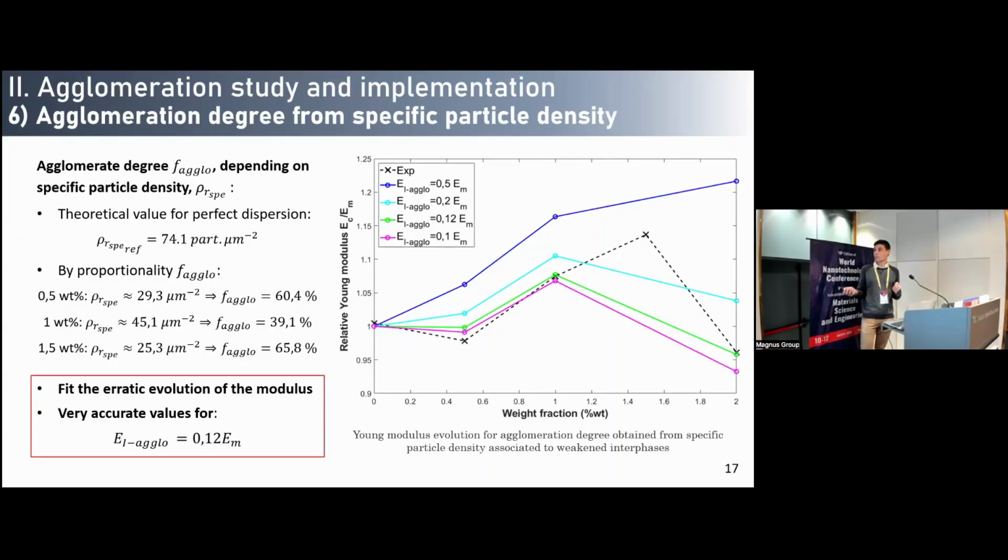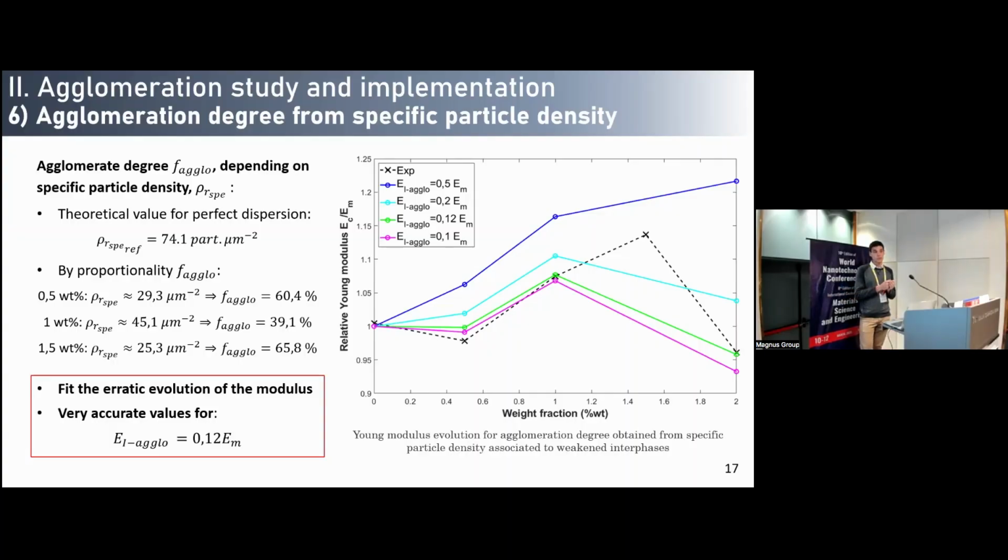With this percentage, we once again assume that all these particles were in agglomerates, and we link them to a softer interface. Doing that, we are able to fit the erratic evolution of the modulus with very accurate values when we take 0.12 times the Young's modulus, as we've seen on this figure.